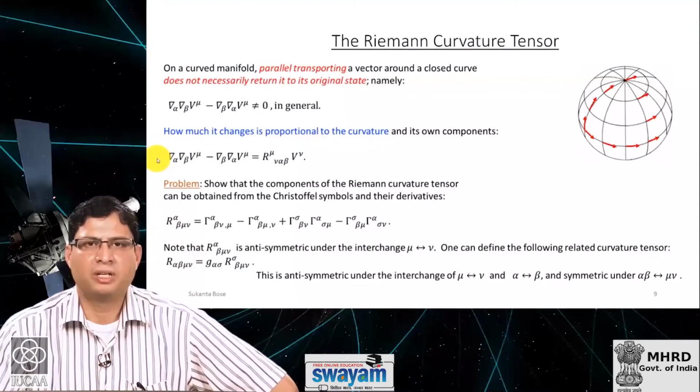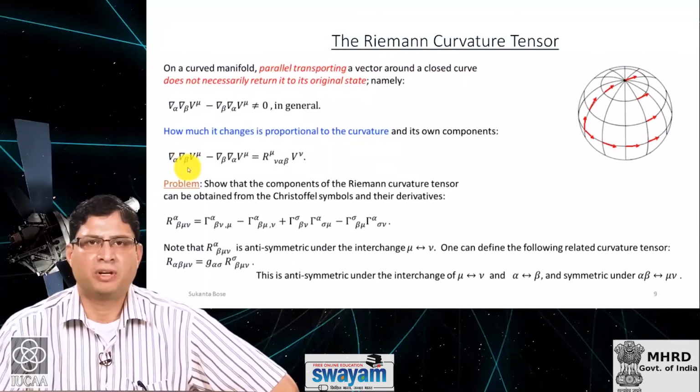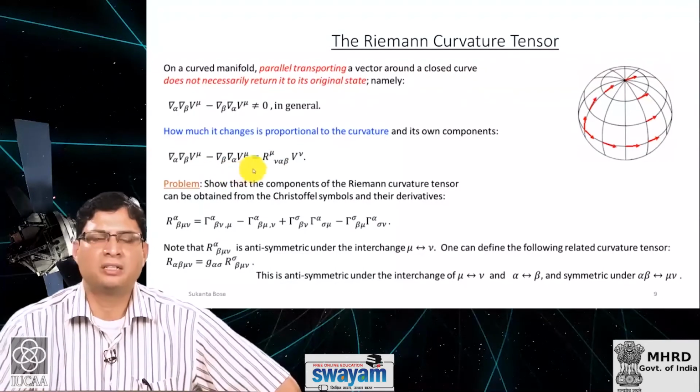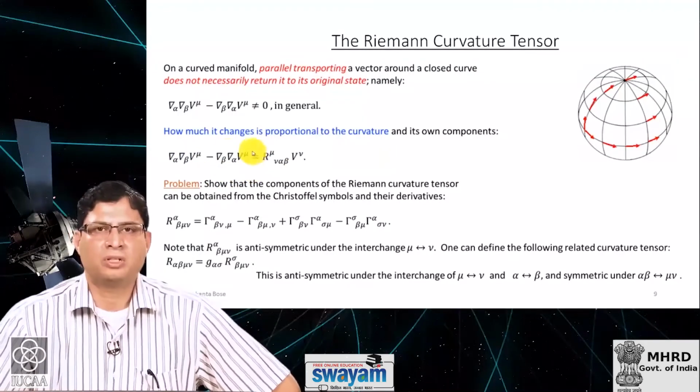So it would be half of this quantity defined as the antisymmetrized action of these two derivatives, antisymmetrized over alpha beta, acting on v mu. But the definition of the curvature does not have that extra factor of half. So you'll just have to carry it carefully in your work.